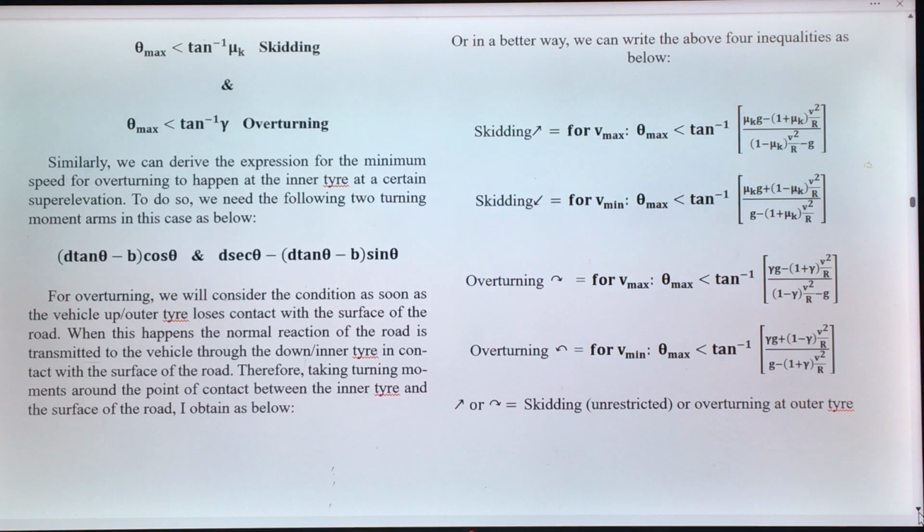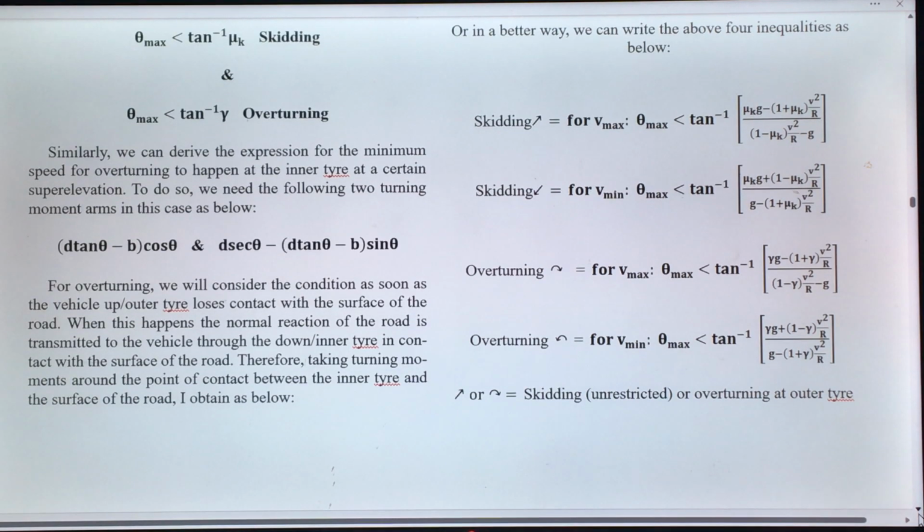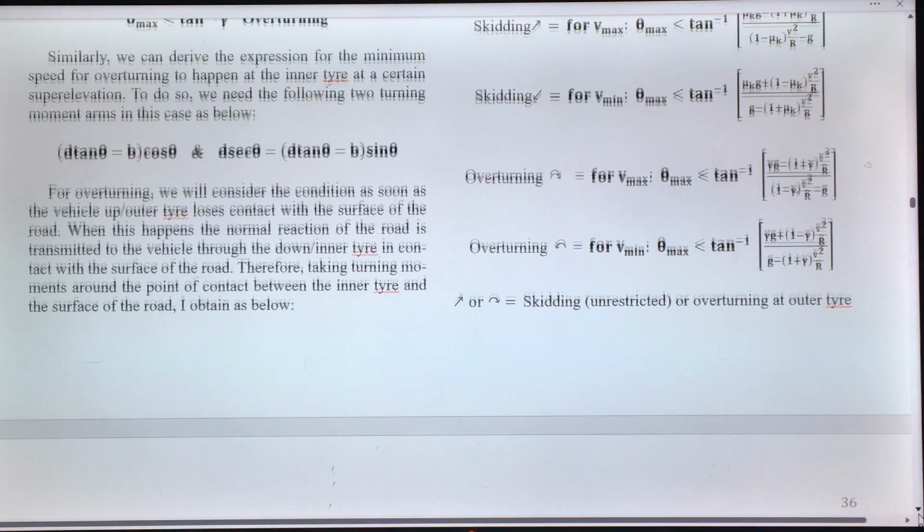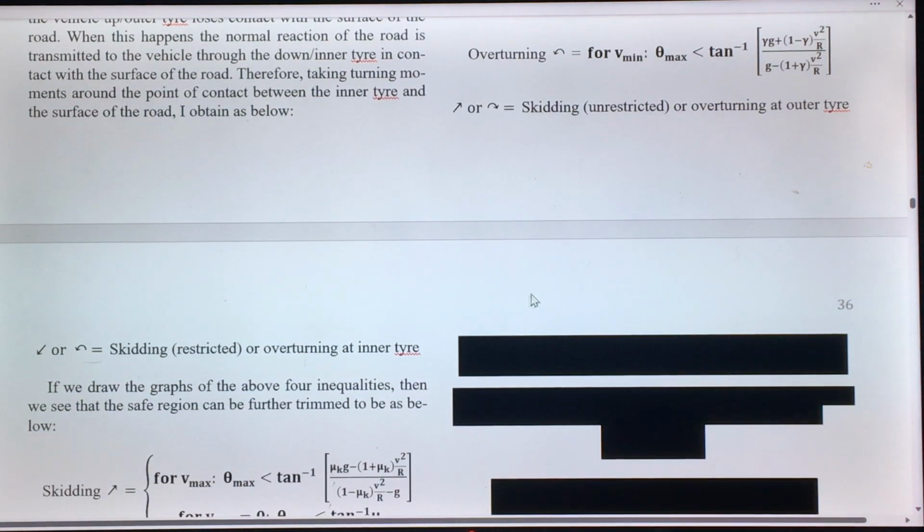Overturning for the bottom tire, the left tire, for minimum, down tire, theta max equal to tan inverse. Skidding unrestricted or overturning at the outer tire. And here, skidding unrestricted, restricted, or overturning at the inner tire.